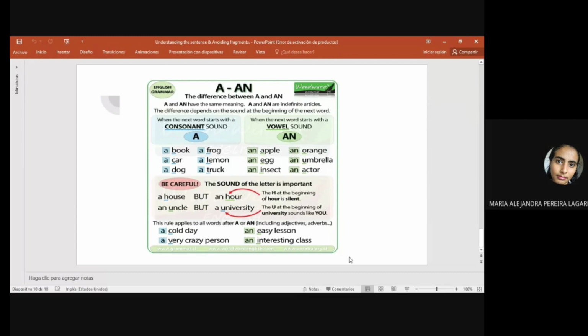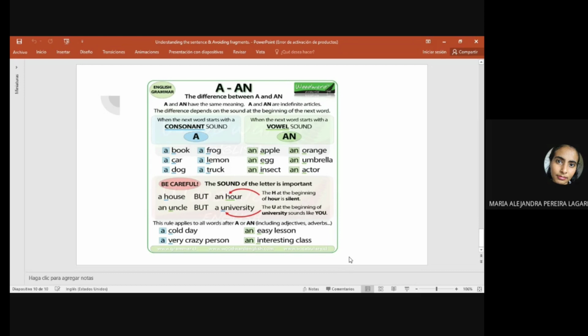When the next word starts with a consonant sound, we use a. In that case, it's a book, a car, a dog, a frog, a lemon, a truck. But when the next word starts with a vowel sound, we use an. In these cases, an apple, an egg, an insect, and the other one.